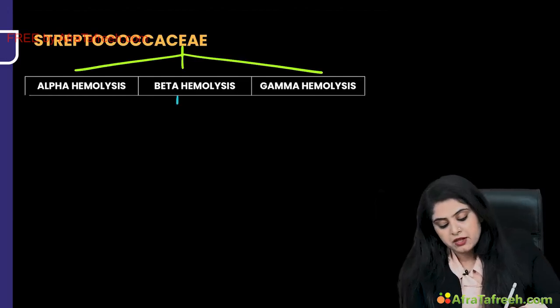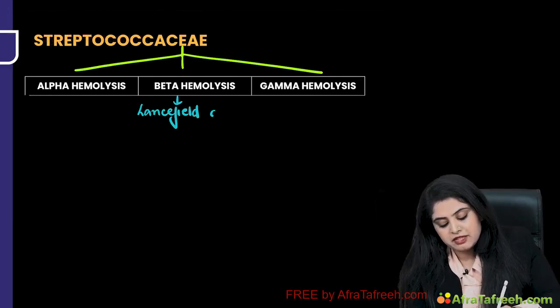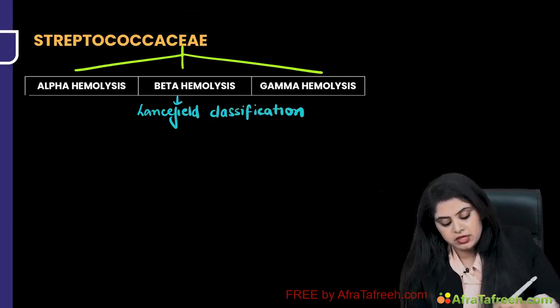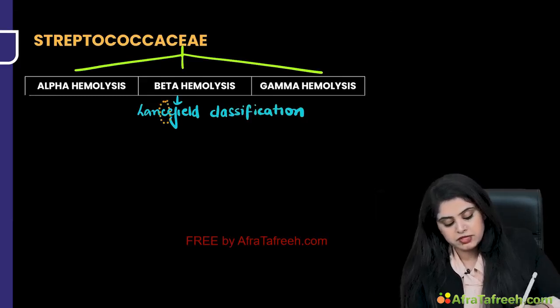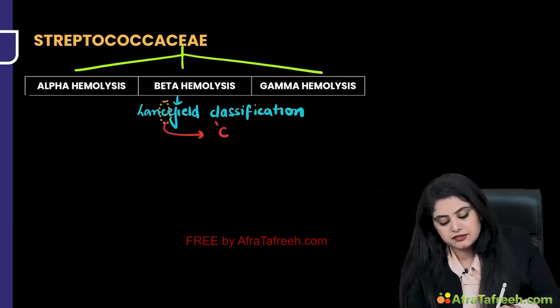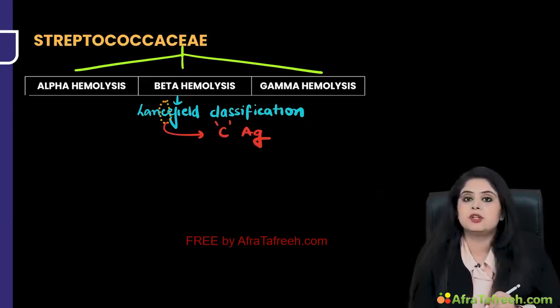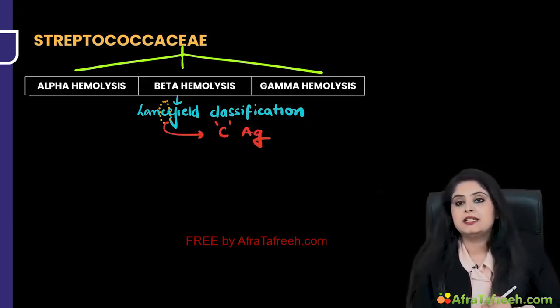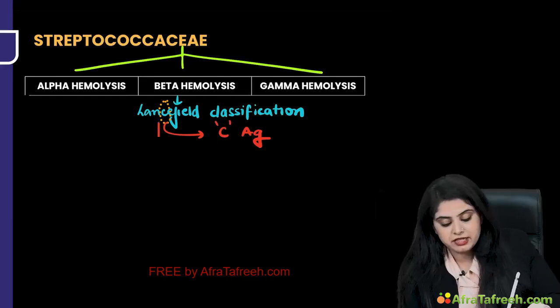Can you tell me, for beta hemolysis, what is the classification that we have? We have the Lancefield classification. They will ask you what it is based on. You have to pick up the C out of it, and you have to say that the Lancefield classification is based on the C antigen. It is based on the C antigen, and that is what divides it into what?